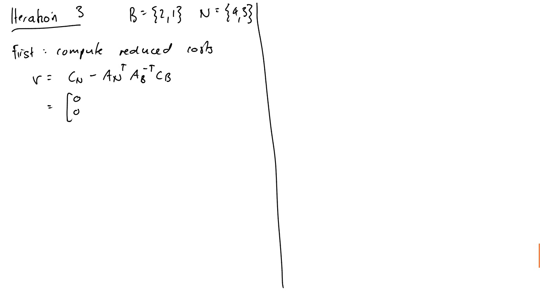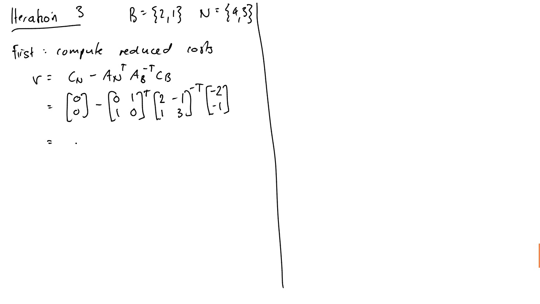So plugging the various pieces in, C_N is now 0, 0, because it's the third and fourth entries of C, minus A_N transpose, which is 0, 1, 1, 0. Okay, it's the fourth and third columns. Notice the order is important there. A_B is 2, 1, negative 1, 3. Inverse transpose C_B.